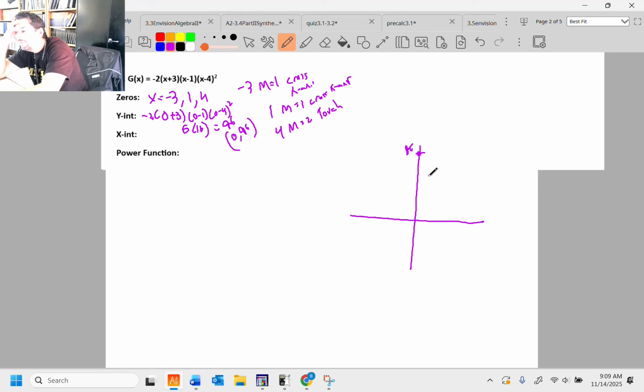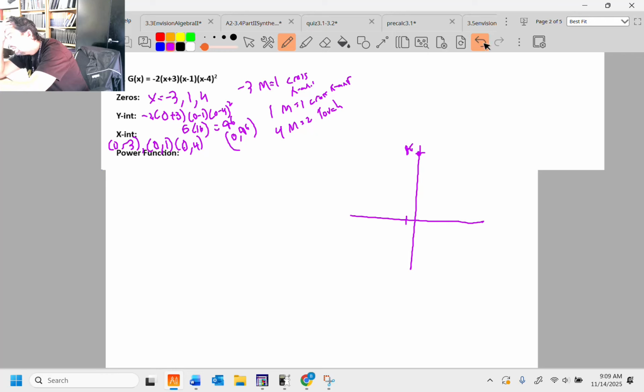Now, let me double check my math. 0 plus 3 is 3, times negative 2 is negative 6. This is negative 1, that makes 6. 4 squared is 16, and I'm good with that. Your x-intercepts came from your zeros, so your x-intercepts were negative 3, 0, 1, 0, and 4, 0.